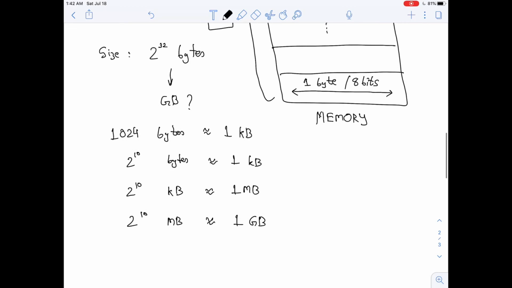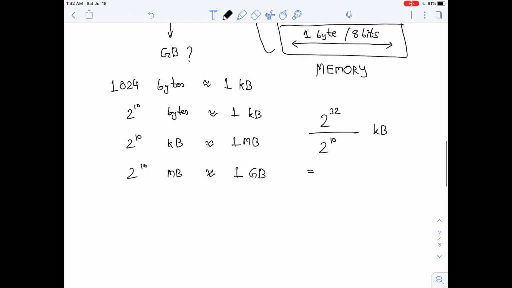So let's see, my MIPS memory size is 2 to the power 32 bytes, right? So let's convert this into gigabytes. If I divide 2 to the power 32 by 2 to the power 10, my resultant number would be in kilobytes, right?